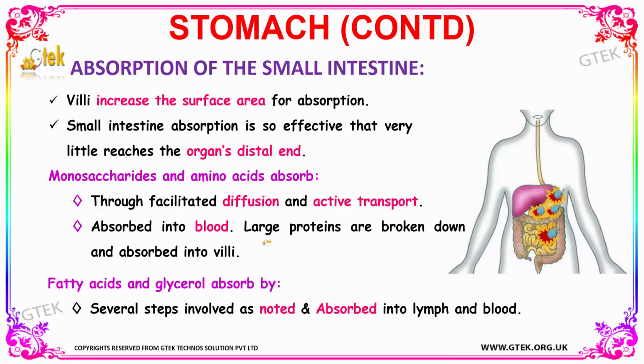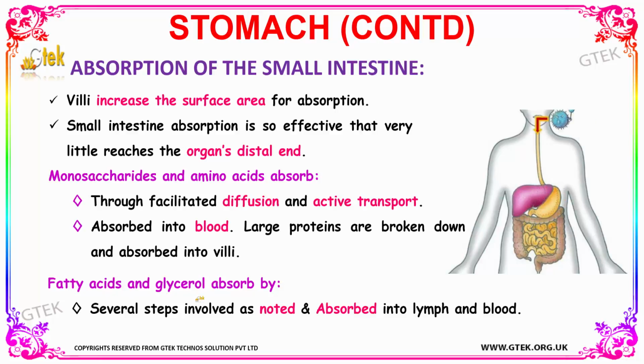The nutrients that you can find in your food, that is the chyme at the stage right now, will be absorbed into your blood through the villus. The large proteins are broken down and they are absorbed into your villi, which in turn will be transferred through your blood to the various parts of your body.